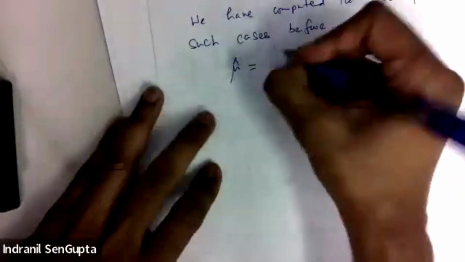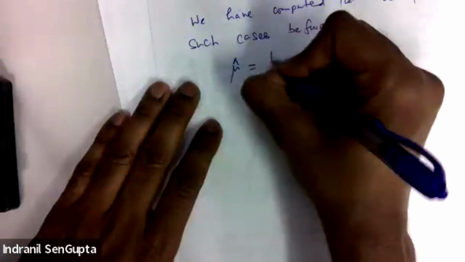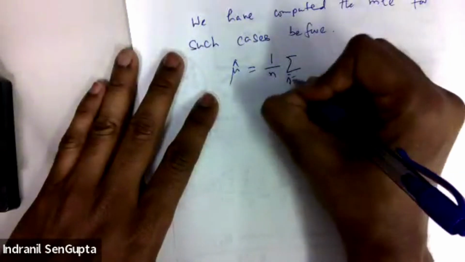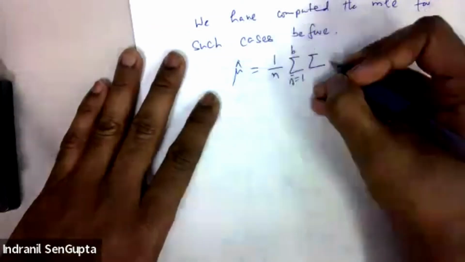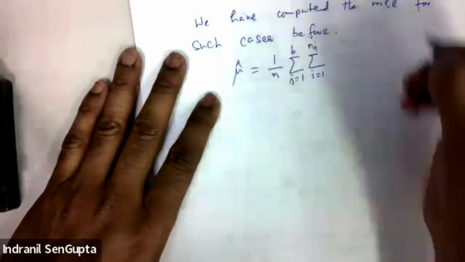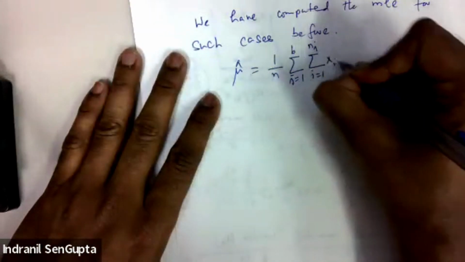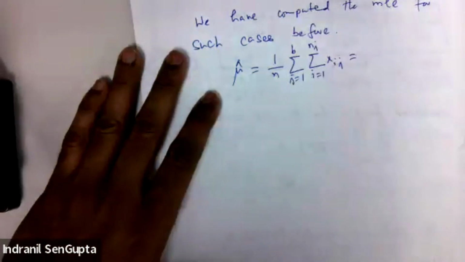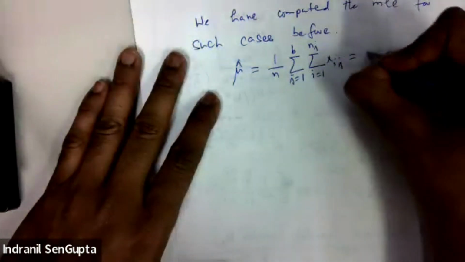How do you compute the average? Now we have a double sum because we have two indices, but otherwise it's very simple: 1 over n, sum over j from 1 to b, and i from 1 to n sub j, of xij, which we'll denote as x bar.